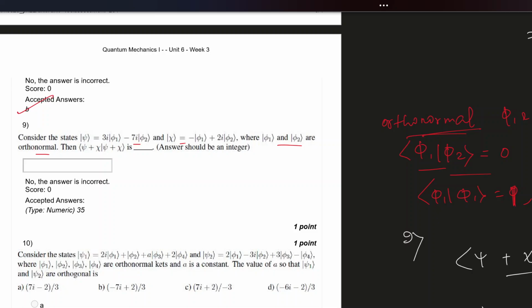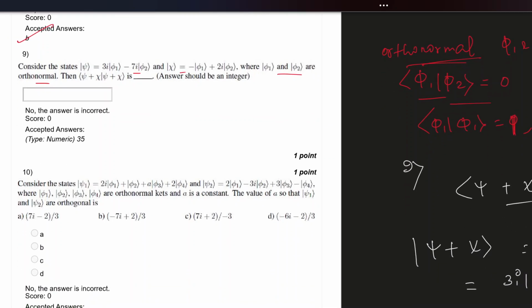So this is 3i minus 1 phi 1 minus phi 2. So from this psi plus chi, bra notation will be simply transpose conjugate of this.